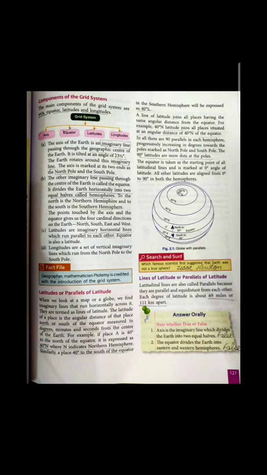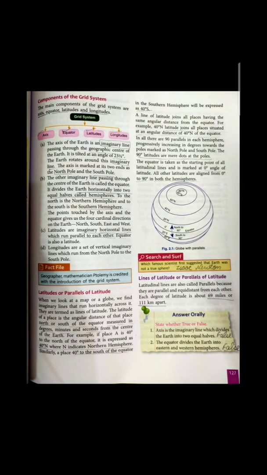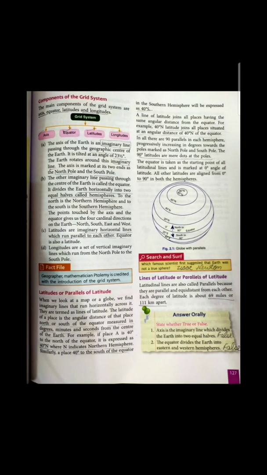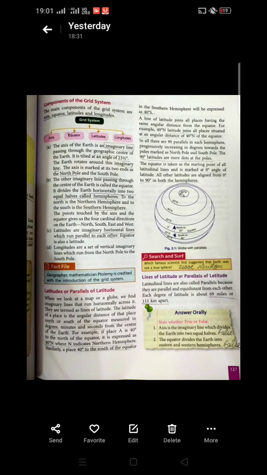Further, now we are going to understand what latitudes, or parallels of latitude, are. When you look at the globe, you may find some lines drawn there. Those lines are the latitudes and the longitudes. Here we are going to understand the difference between them.